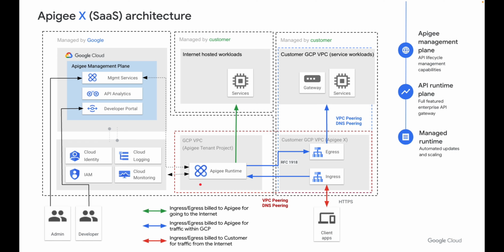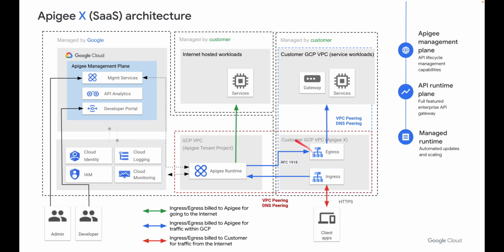Let's start with the VPC peering that is created between the Apigee X VPC and the customer VPC. When you provision Apigee X, one possibility is to enable the VPC peering between the Apigee X VPC, that is part of an Apigee tenant project provisioned during the provisioning time, and the customer VPC that is defined at the time of the provisioning.